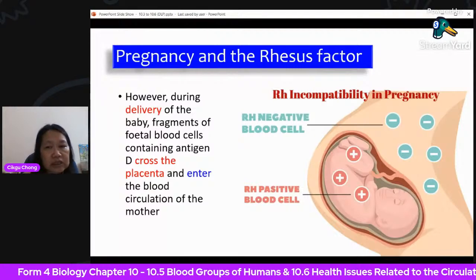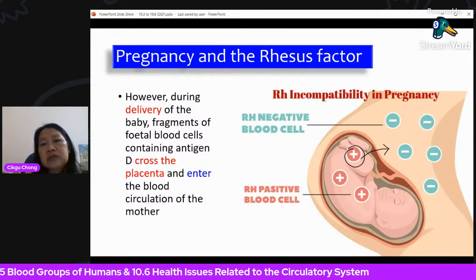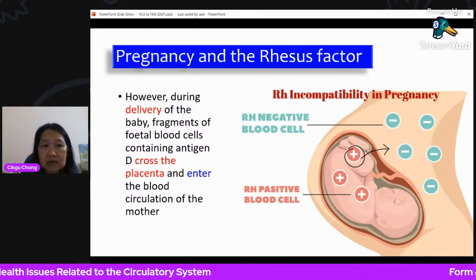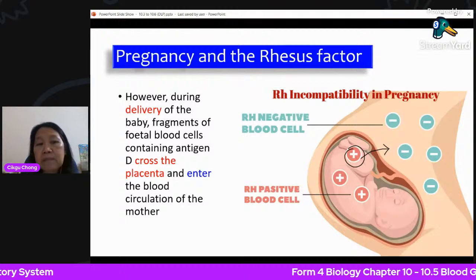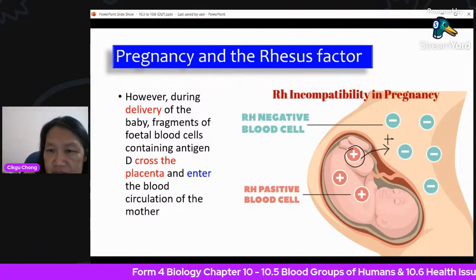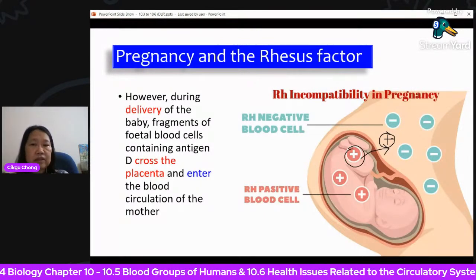So this positive one can cross over into the maternal blood, can cross the placenta during the contractions, during the delivery, and enter the blood of the mother. When this happens, the red blood cell with the positive antigen enters the blood of the mother.